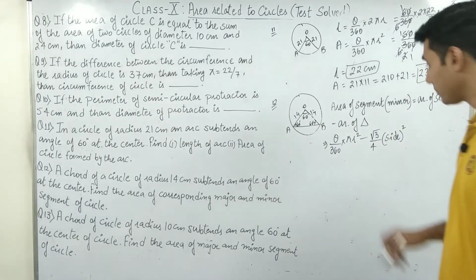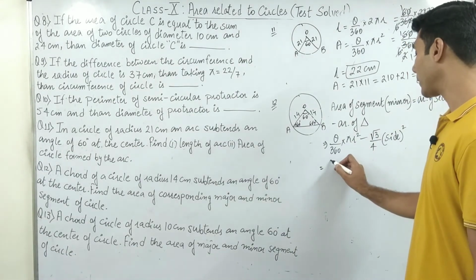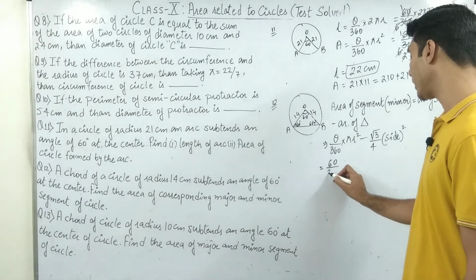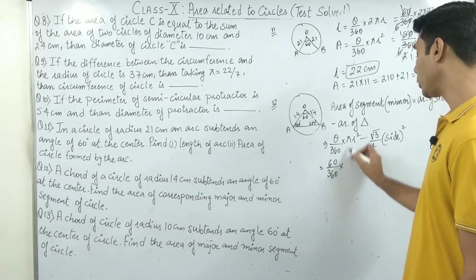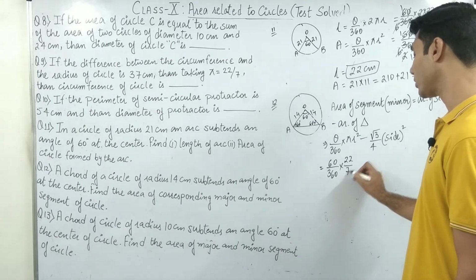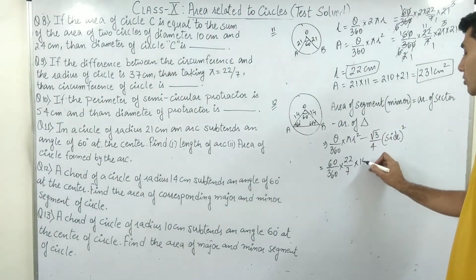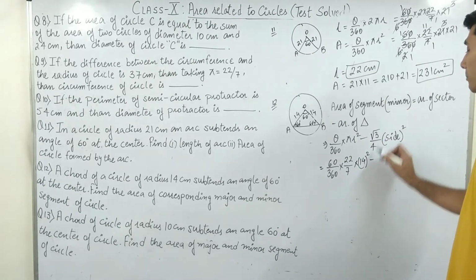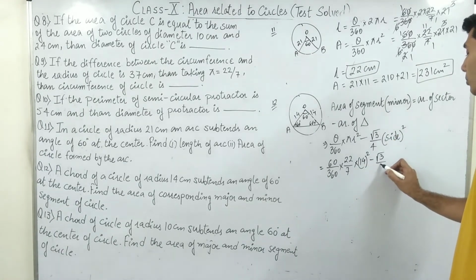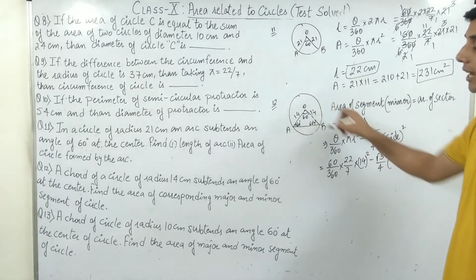Correct? Moving ahead, in place of theta 60 upon 360 into pi, 22 by 7. You can put 3.14 also. What is r square? That is 14 square, minus this is √3 upon 4. What is the side? Side of the triangle is also 14.